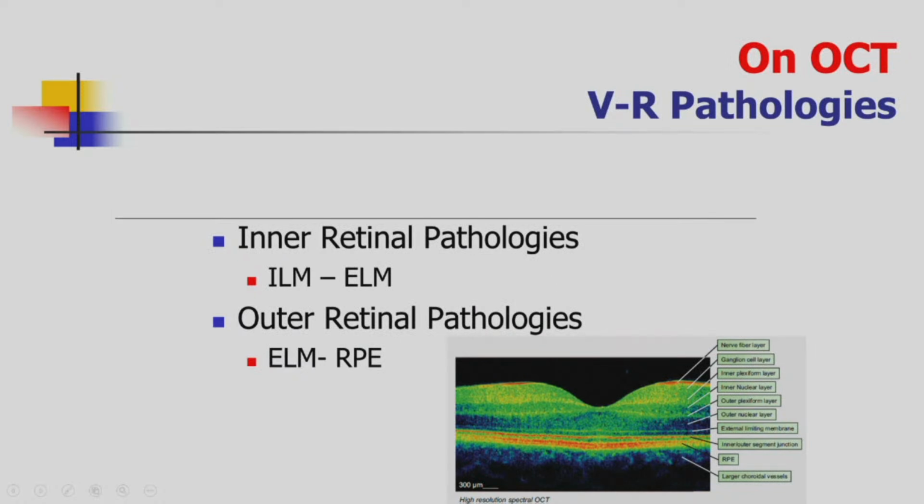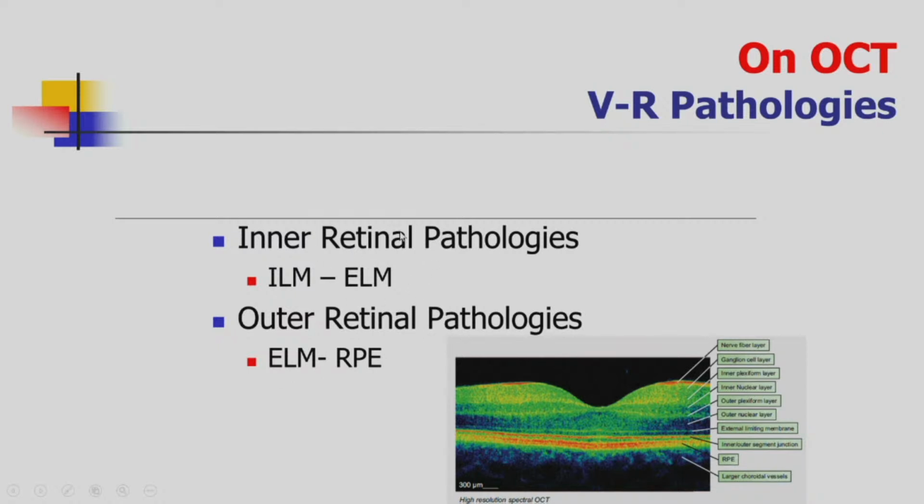And if you classify OCT pathologies, we have inner pathology and outer pathology. The outer retina extends over those three lines I told, ELM to RPE, whereas the inner retina means from ILM to ELM. Diseases of the outer retina are primarily ARMD, PCVs.